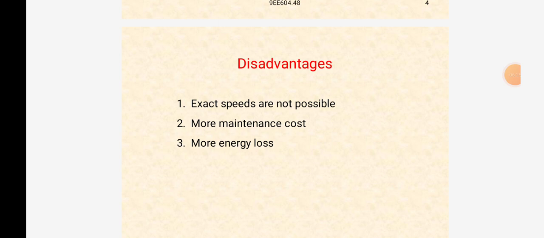These are a few advantages of power electronic drives, and also we have a few disadvantages. The heat produced is more, it requires harmonic filters and active filters for reducing the harmonic content, hence it is costlier.